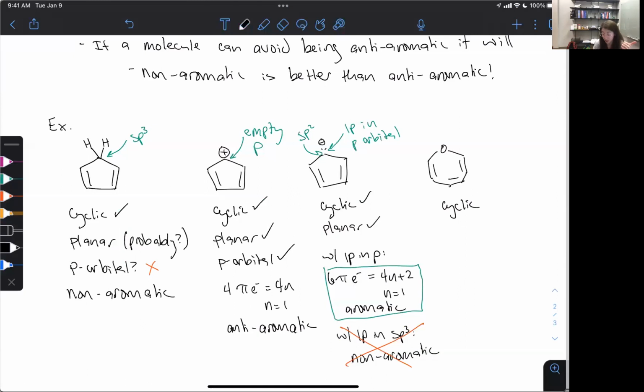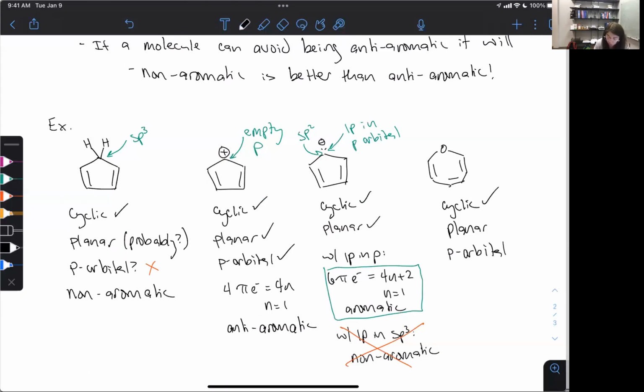So cyclic, yes. Planar. Again, this is one of those times where it's a little bit hard to tell. We could build a model, but we'll probably also answer the question along the way if we can. So sometimes it's okay to skip the planar one and go to the p orbital and the electron count.